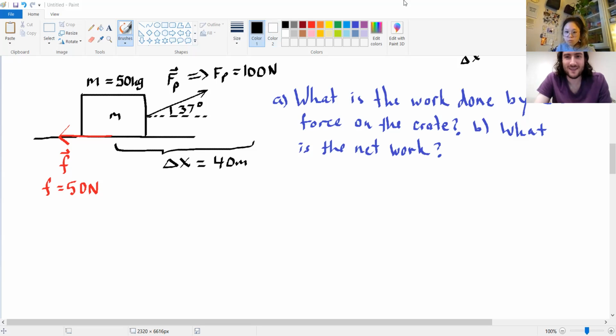Yeah, so it definitely should be negative because it's opposite the direction of motion. And some of you have already given your answers for FP, the pulling force. So I'll just go ahead and ask it. What is the work done by FP, the pulling force?